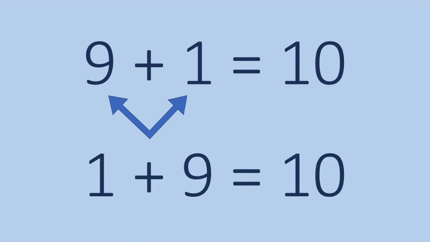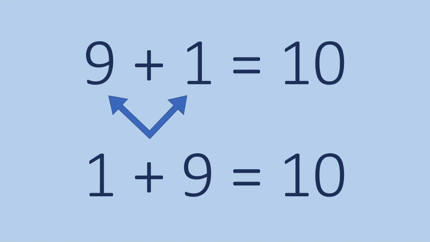So if we know that 9 plus 1 equals 10, even if we switch the first two numbers' places and we have 1 plus 9, it still will equal 10. No matter what position those numbers are in, it doesn't matter which one we have first and then which one we're adding. Either way, we're going to end up with the number 10.